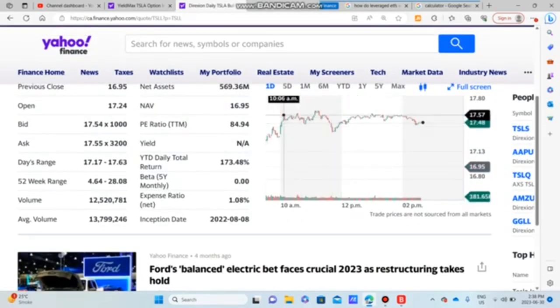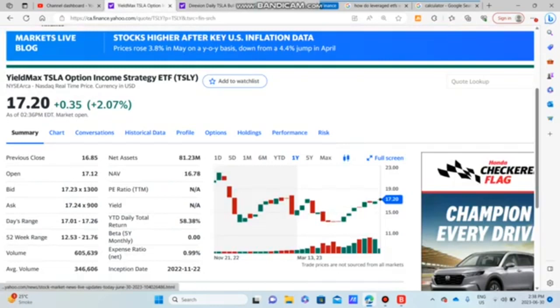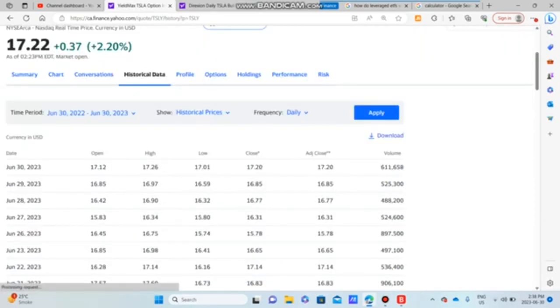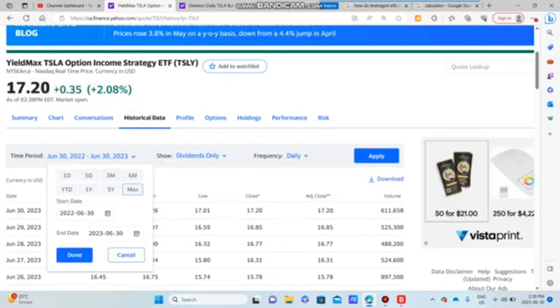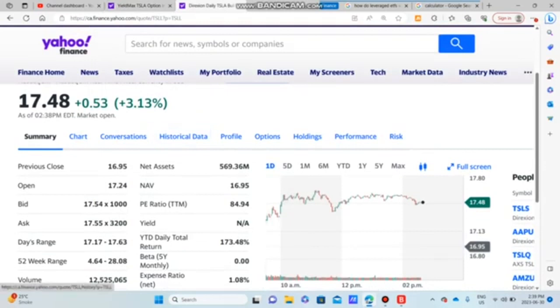Now, the decision is yours. I gave you the information. Now it's up to you to decide. You could invest either in TSLY, which is the Yieldmax Tesla Option Income Strategy ETF, which gives you those massive dividend yields, which is cash in your pocket right now. Or you can invest in TSLL, which will provide you with the capital gains, but not the cash in your pocket.